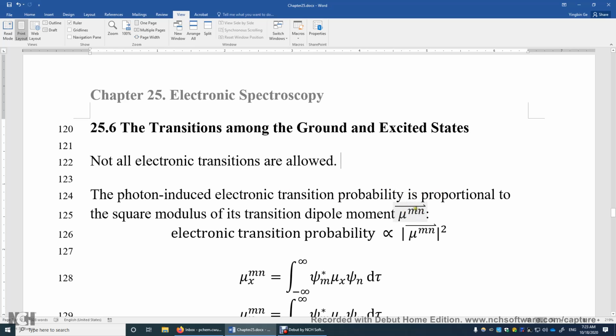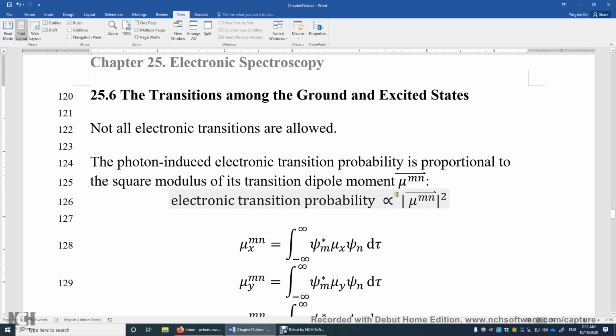When this mu mn is non-zero, then this transition probability is non-zero, the transition is allowed. When this mu mn is large, then the transition probability is large. The transition intensity is large.